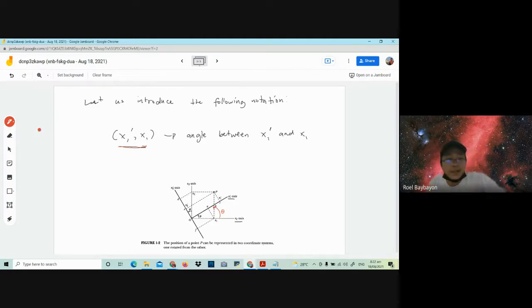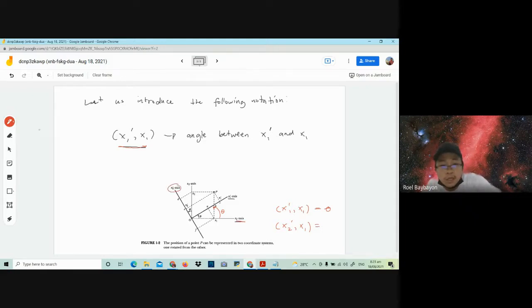So based from this one, x1 prime x1 is just equal to theta. How about x2 prime x1? It is the angle between x2 prime and x1. So this is my x1 and this is my x2 prime.